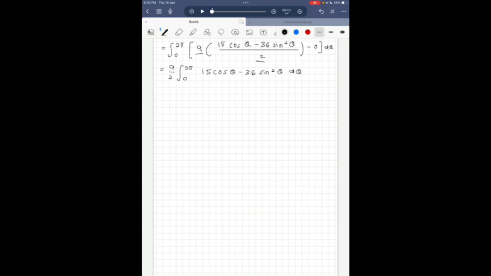After that, before integrating with respect to theta, we change sin squared theta to 1 minus cos 2 theta over 2, because this is the identity given in the formula.